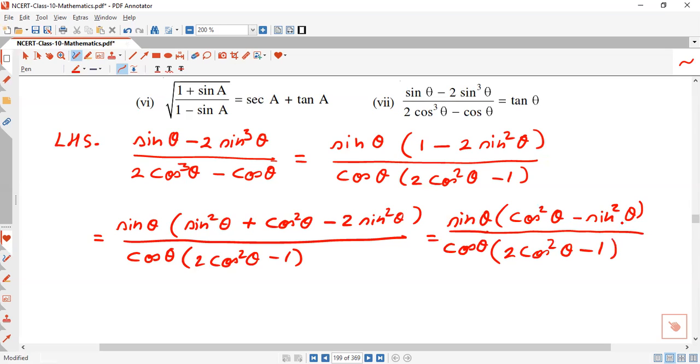In the numerator, sin square theta can be written as 1 minus cos square theta.